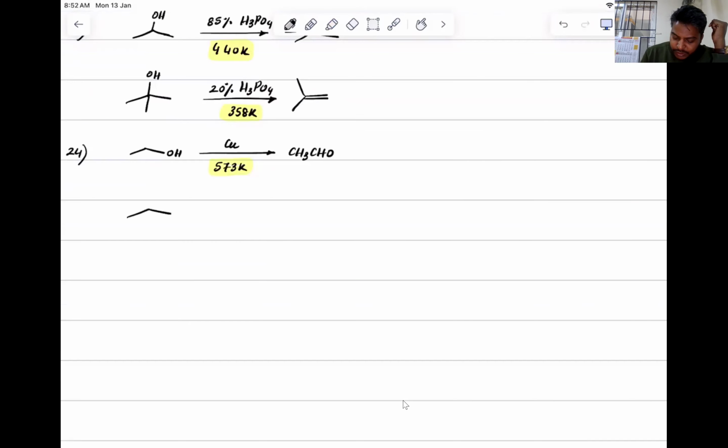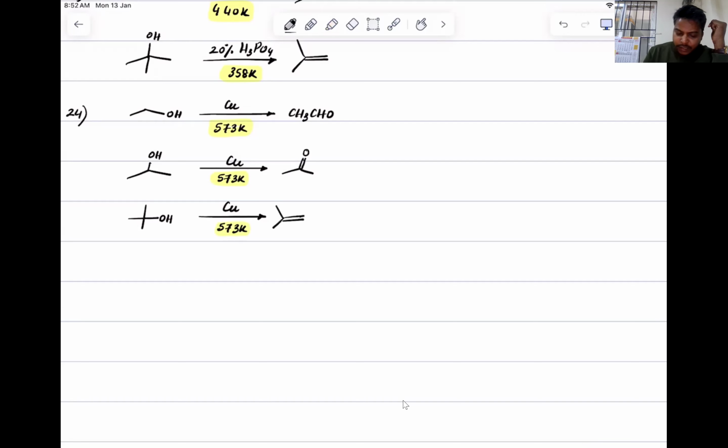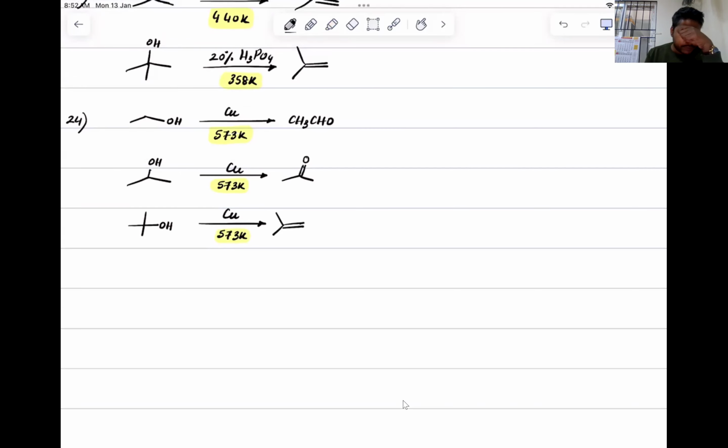And 2 degree, at around 573 kelvins, will convert into ketones. If it is tertiary alcohol with copper and heat, the heat is 573 kelvins, then this will convert into an alkene. Okay, this is the product which you will get.